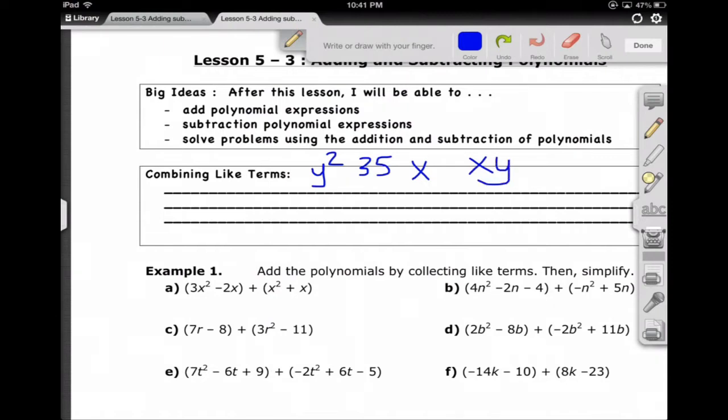And I like to use a zoo analogy. These are all very different animals. The y to the second power term, or the y squared term, is very unique. The number 35 is a constant. X to the first is some variable. And xy, that's a totally different beast.